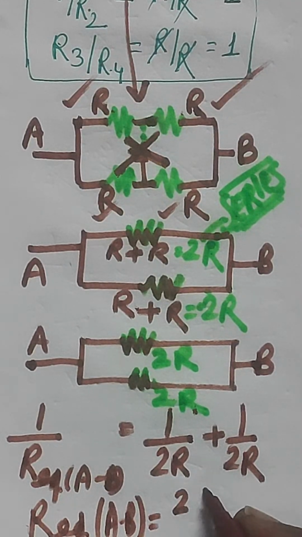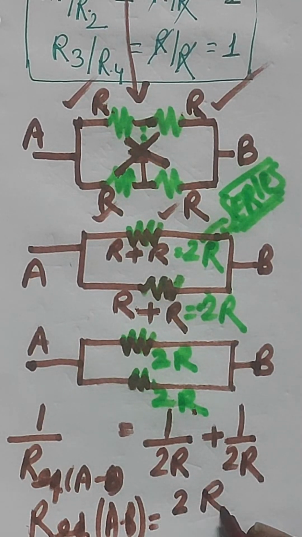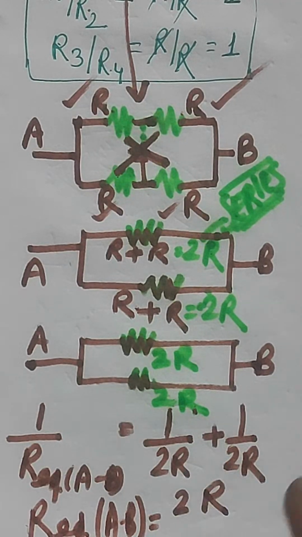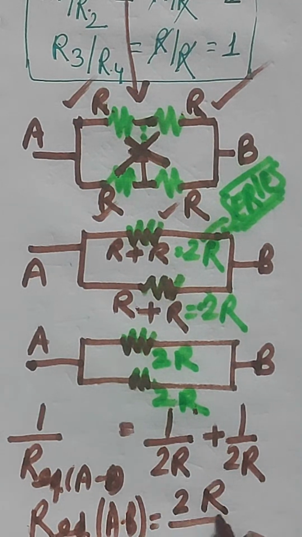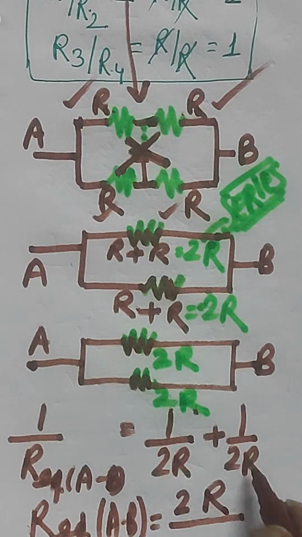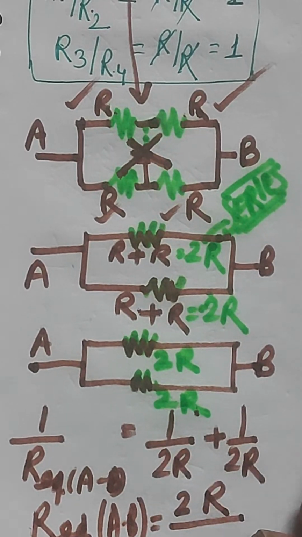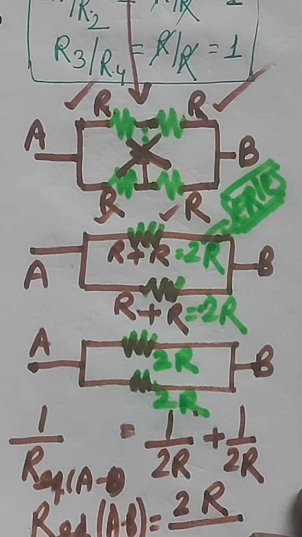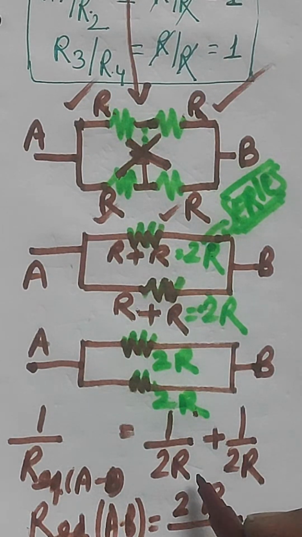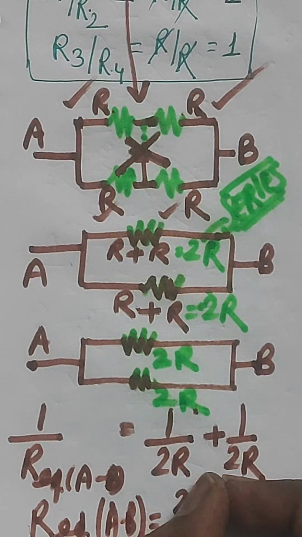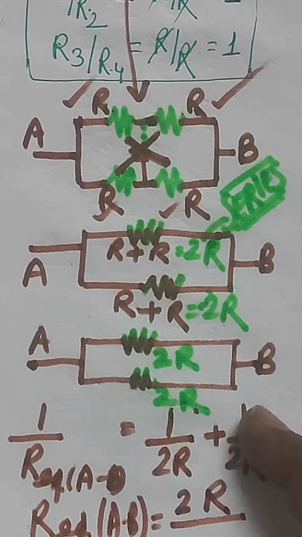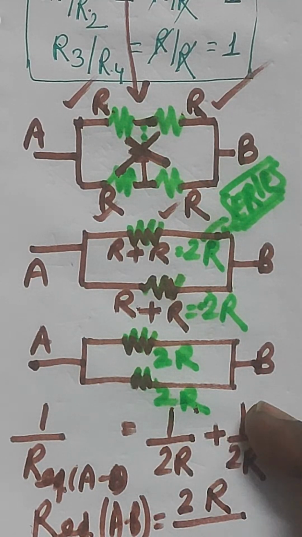Here you can see 2R, and you can simply take 2R as the LCM, and 2R plus 2R, right?